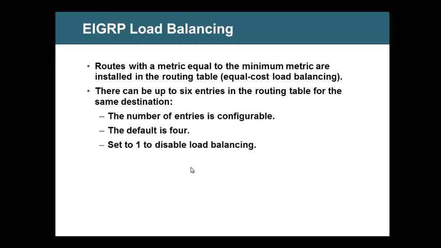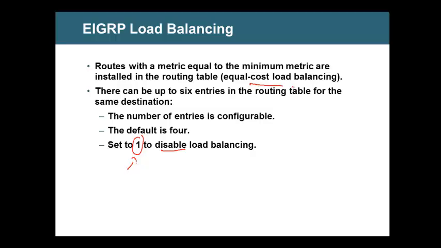By default, equal cost load balancing is supported because the variance is set to 1. So unequal cost load balancing is disabled. But if we change this variance, unequal cost load balancing will also be supported.